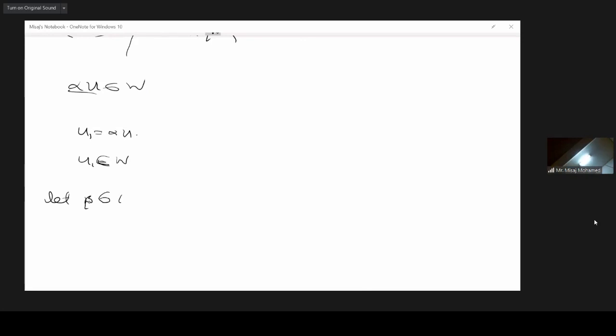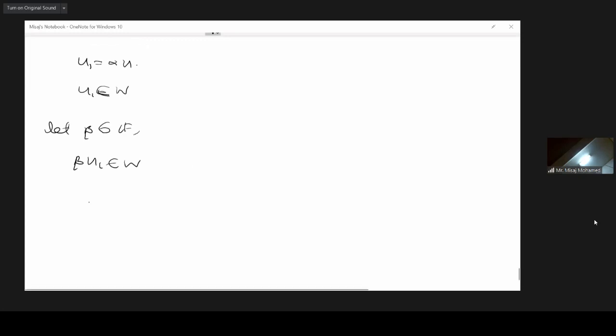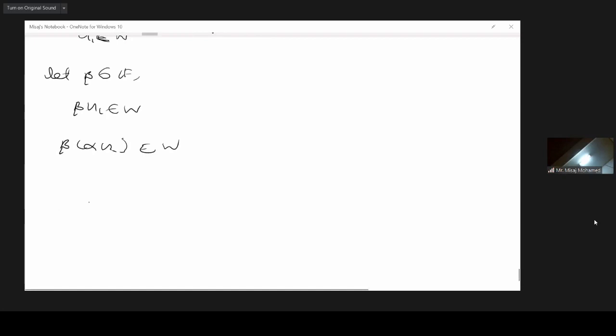Now let beta be another scalar. Then already proved that beta u1 is in W. So beta into this alpha u is in W. Beta alpha u is in W implies that beta alpha u is in W. Why?